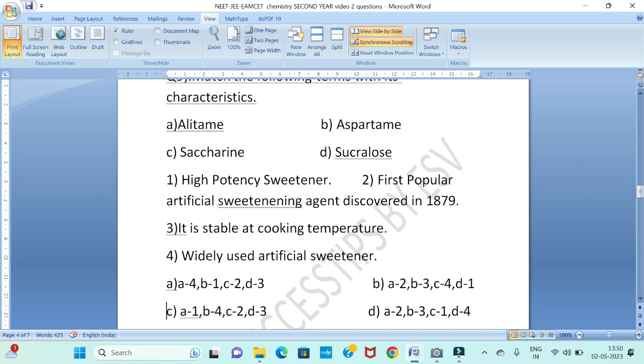Next, aspartame, B4. Widely used artificial sweetener. Aspartame is an artificial sweetener. Alitame is also the same, but I am linking Ali with high potency sweetener. Aspartame is artificial. Here is art.